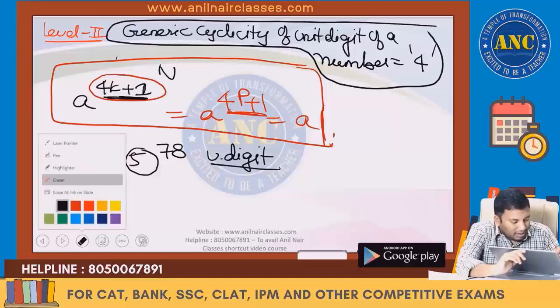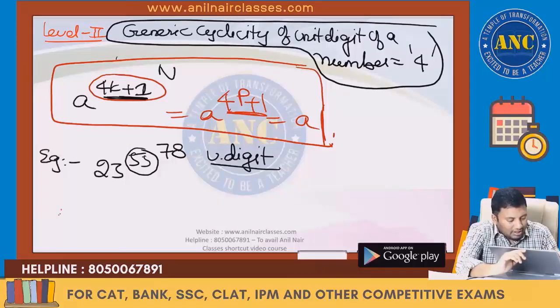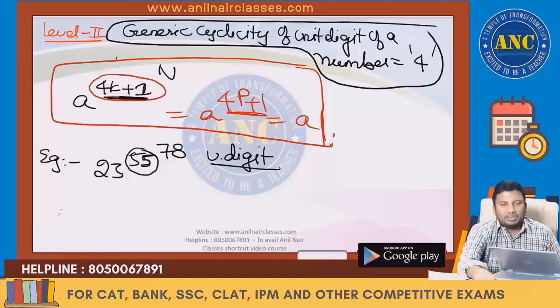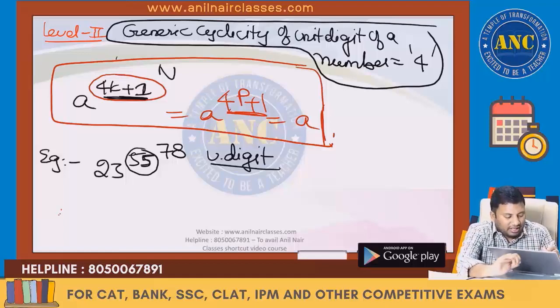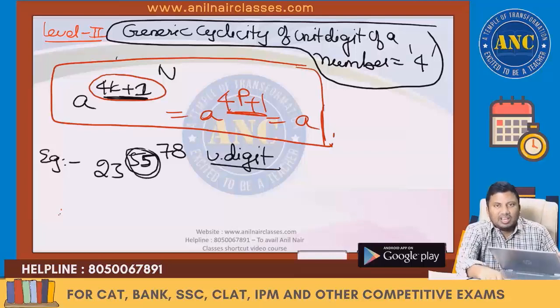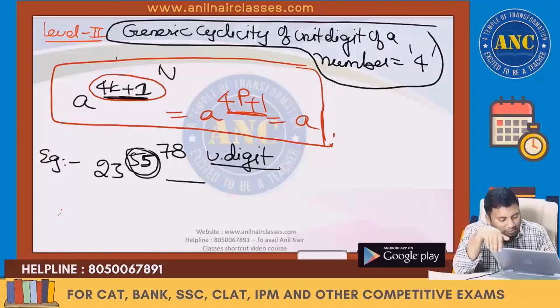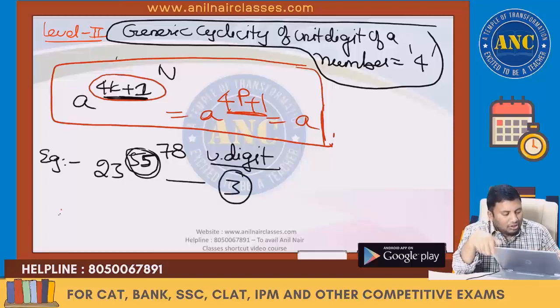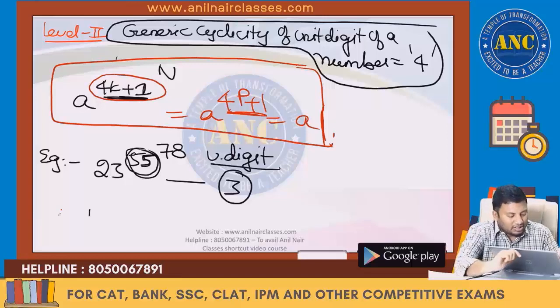Otherwise it will become a power 4k plus 3. 23 power 55 power 78. 55 is 3 into 18 plus 1. a power 4k plus 1 power any natural number, unit digit is 3. I hope it is clear.